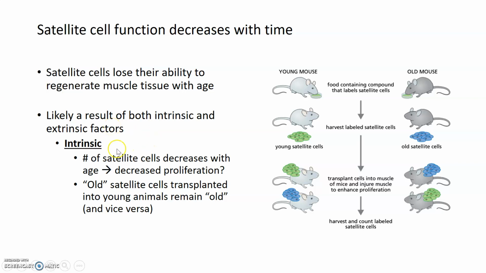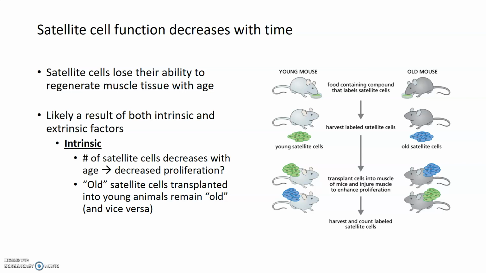The first indication that there's an intrinsic mechanism being affected with age is that the number of satellite cells decreases with age. That would indicate a decrease in either cell division or proliferation of satellite cells. It's not clear what that mechanism is.